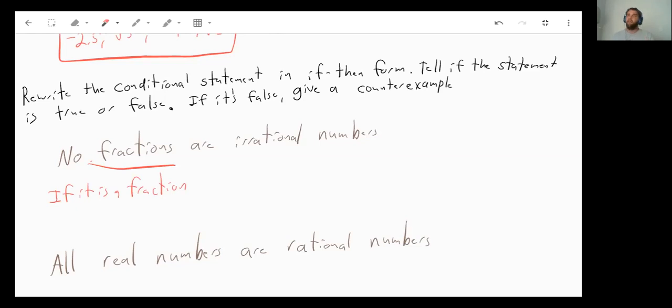It's saying that fractions can't be irrational. So then not irrational. And that would be rewriting this conditional statement in if-then form. Well, if it can be written as a fraction, we know that's a rational number, and therefore not irrational. So this is true. And it actually wants us to tell if it's true or not. So we can say that's true.